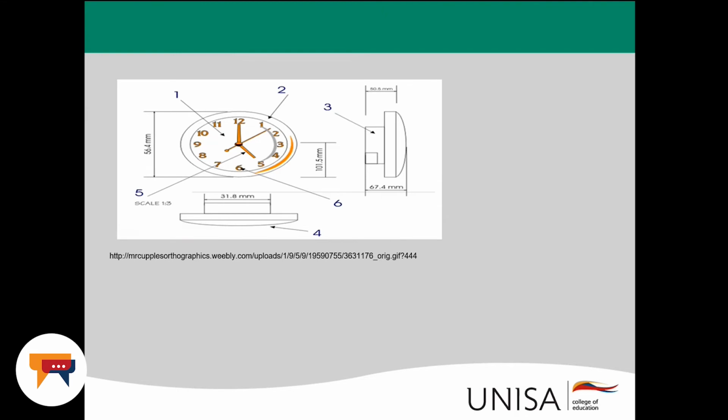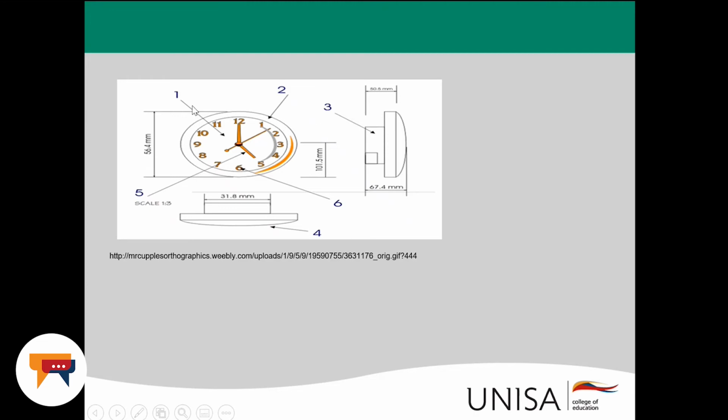So with the 3D, as I said, a working drawing can either be presented in 2D or 3D, or it can be both 2D and 3D. So this is one example of a working drawing. As you can see, it has some numbers 1, 2, 3 up to 6.